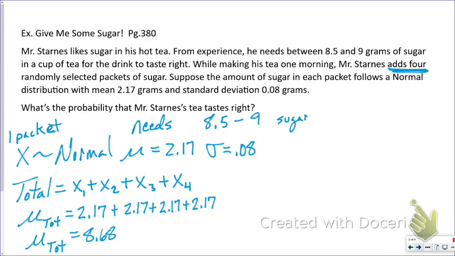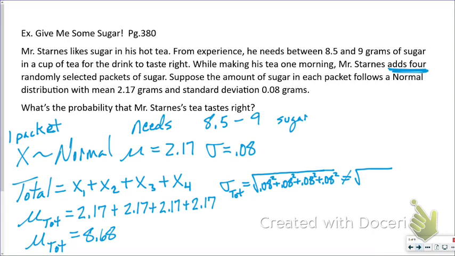But the standard deviation is where you would get a different result. So what you need to do is square root 0.08 squared 4 times. This is not equivalent. You don't have to write it on your paper.